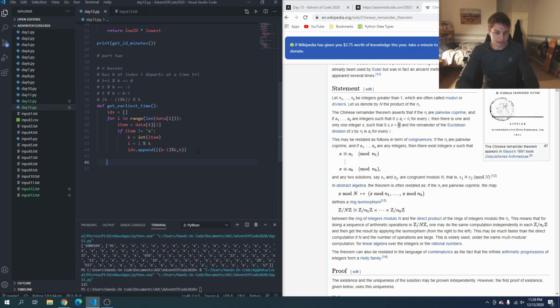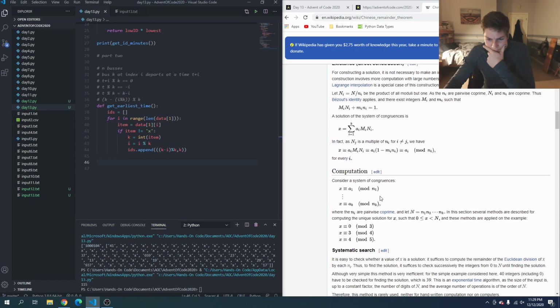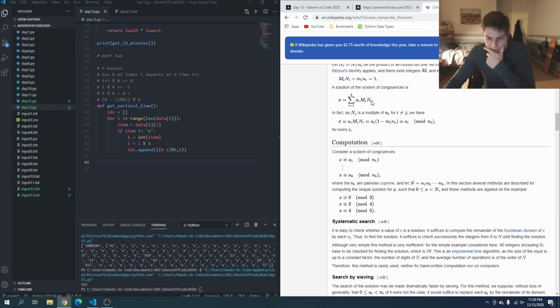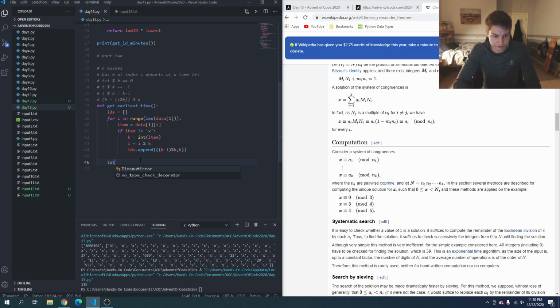So we add all those in, and now we basically need to compute this and add it to a total. So total is equal to 0. So we're going to compute this for every k and a sub I. So this represents a sub I, and this represents just a bus ID.